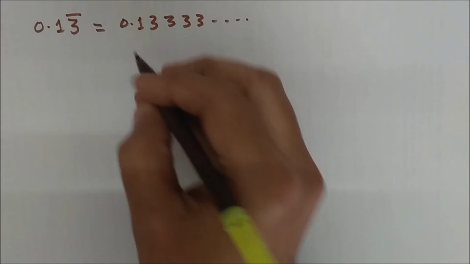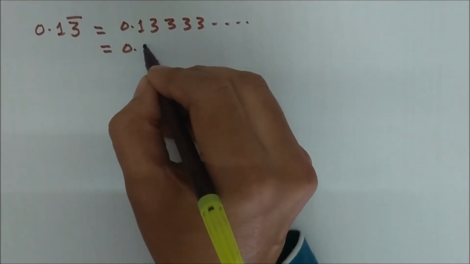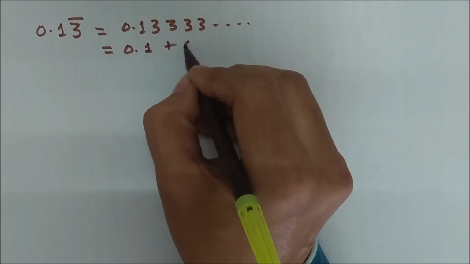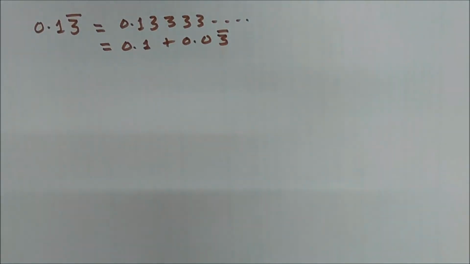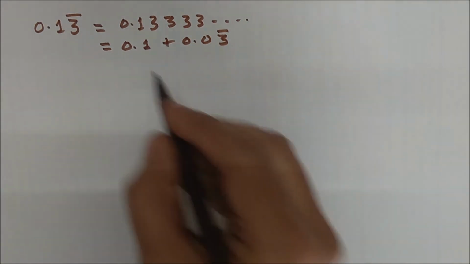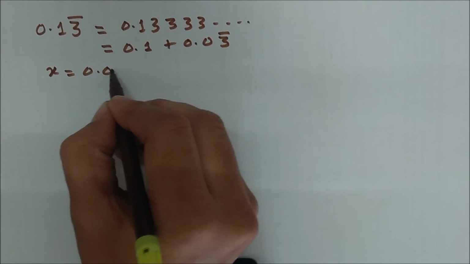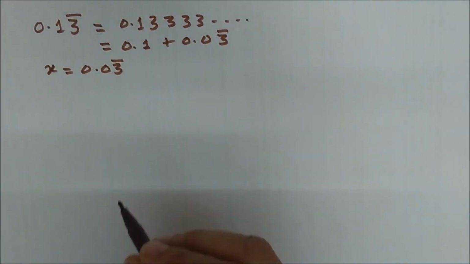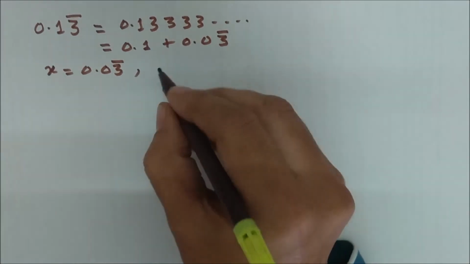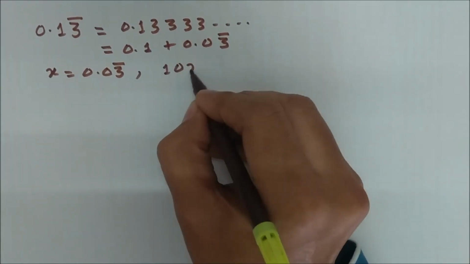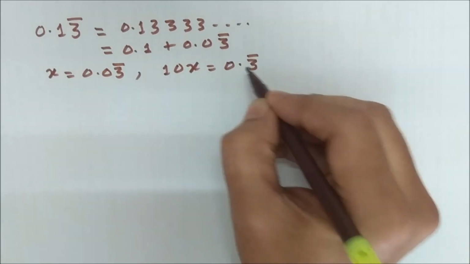So in this decimal form we can always express this as 0.1 plus 0.03 bar. So we assume 0.03 bar is equal to x, and again further simplify, 10x will be equal to 0.3 bar.